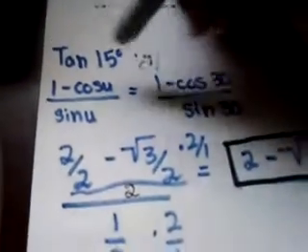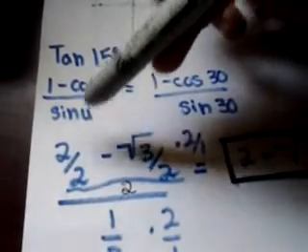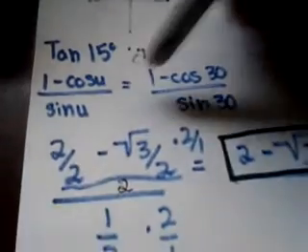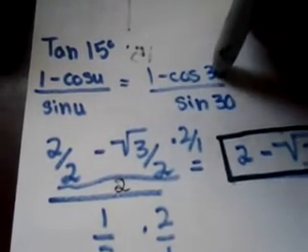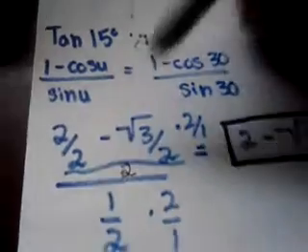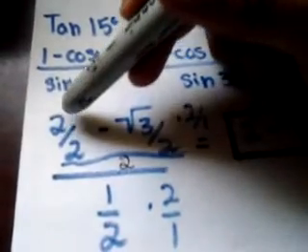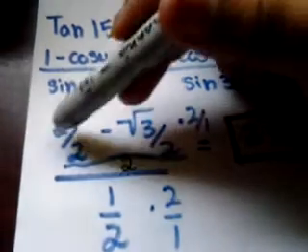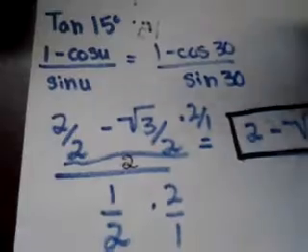And from here, we'll just go to tangent of 15. But this will be a little different because we'll use 1 minus cosine of u over sine of u. And we'll once again replace u with 30. And it will be like the other ones. We'll just change the 1 into 2 for the sake of having the same denominator.